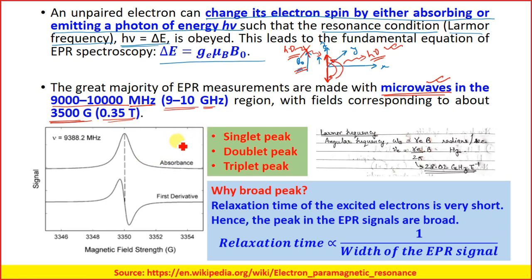A typical ESR spectrum appears like this. However, the absorbance you get is very broad, and hence the first derivative of the absorption signal is used for the purpose of the analysis.